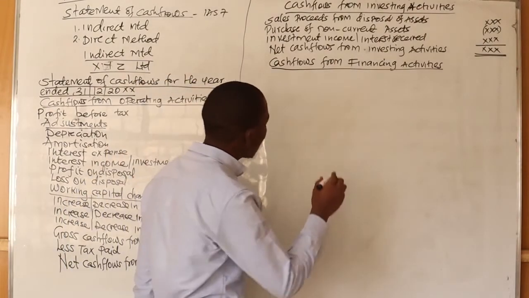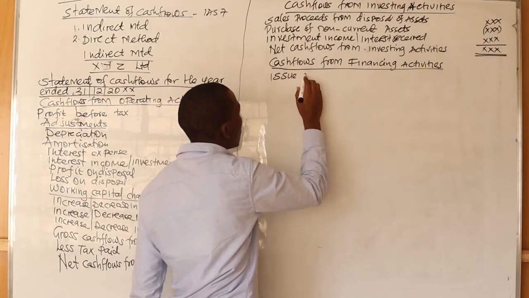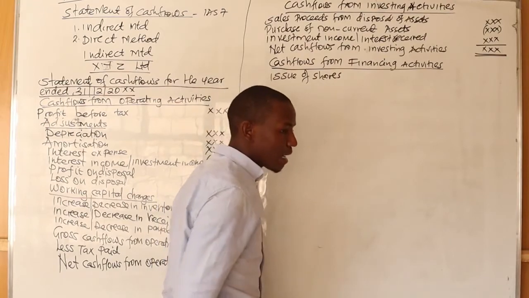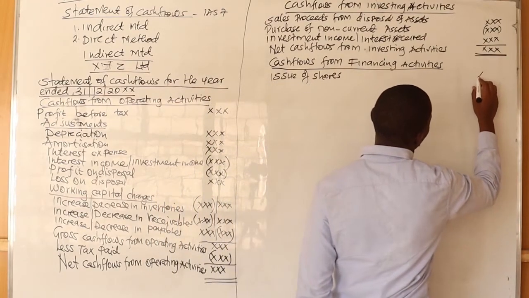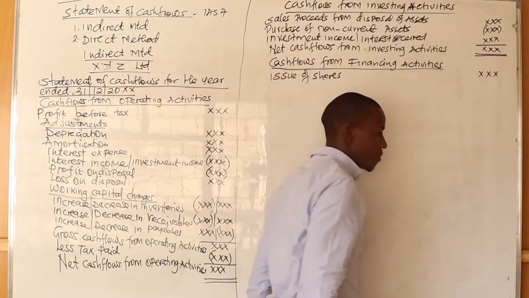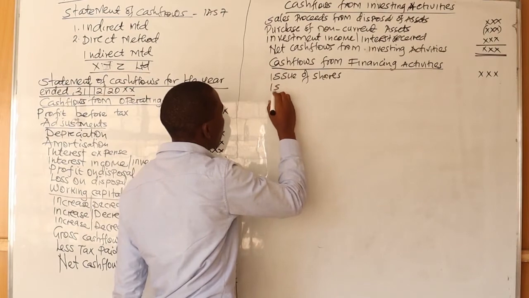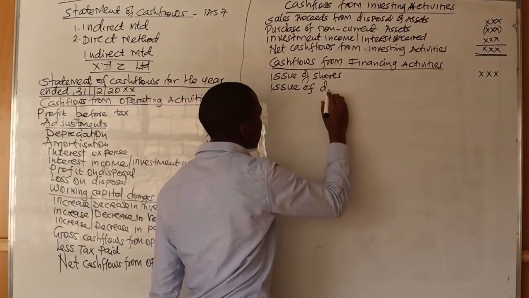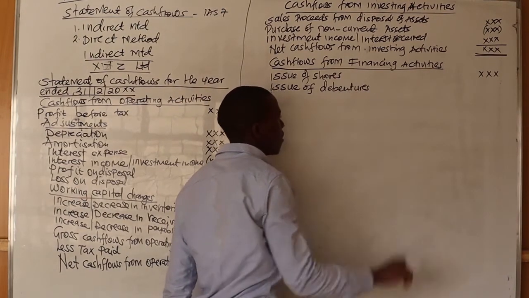So if the company issues shares, remember, once you issue the shares, you are receiving the cash. And therefore, in that case, you will add that value. Then again, there is also the issue of debentures. You issue debentures, you receive also cash.